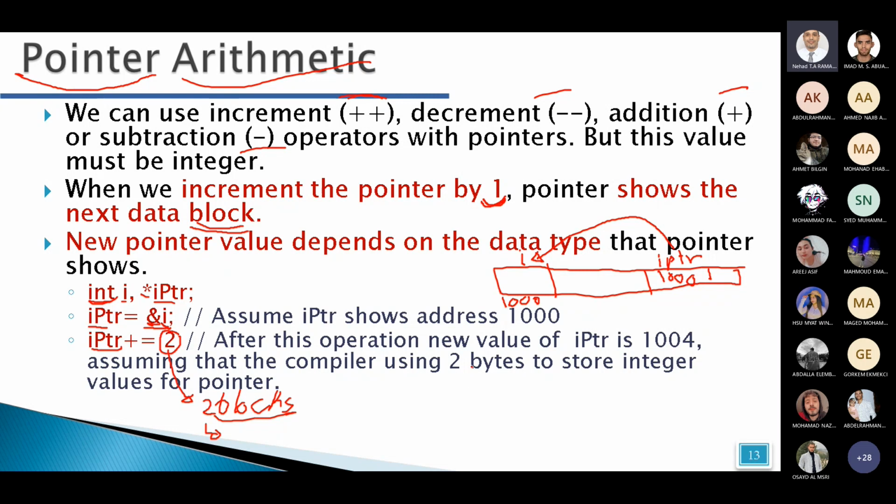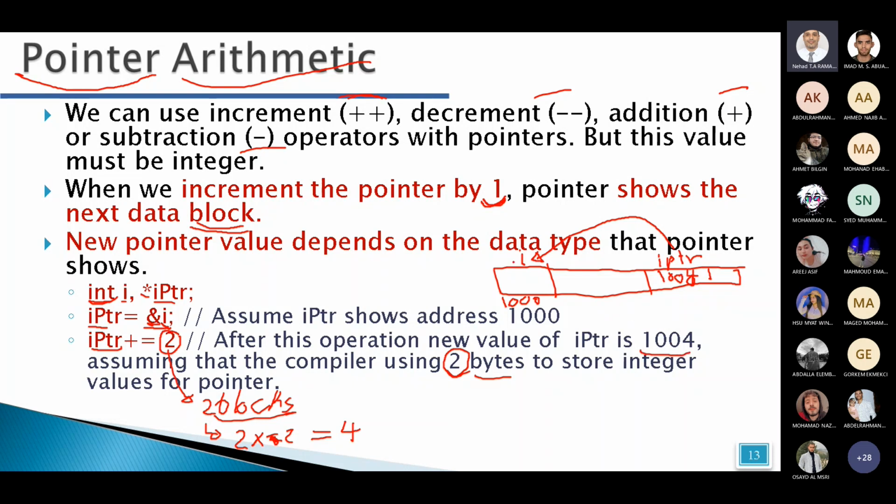For example, if the compiler takes 2 bytes for the integer, this means 2 blocks multiplied by 2 bytes, which gives us 4. So add 2 means add 4 bytes because 2 blocks here. So IPTR is 1000, add 2 blocks means it becomes 1004.